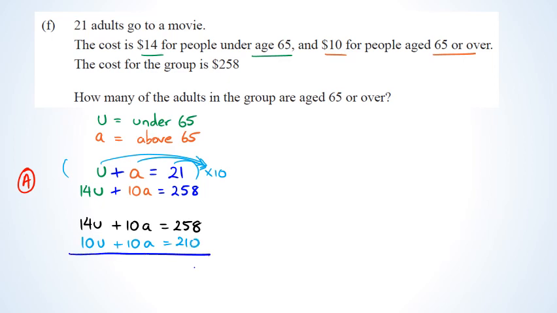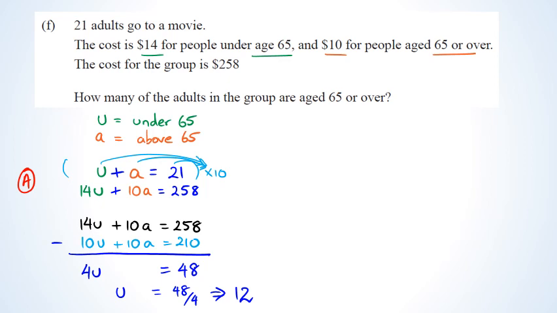Once I have this, I'm going to subtract one equation from the other. So 14u take away 10u is 4u, 10a minus 10a is 0, and 258 minus 210 is 48. So u is equal to 48 over 4, which simplifies to 12.